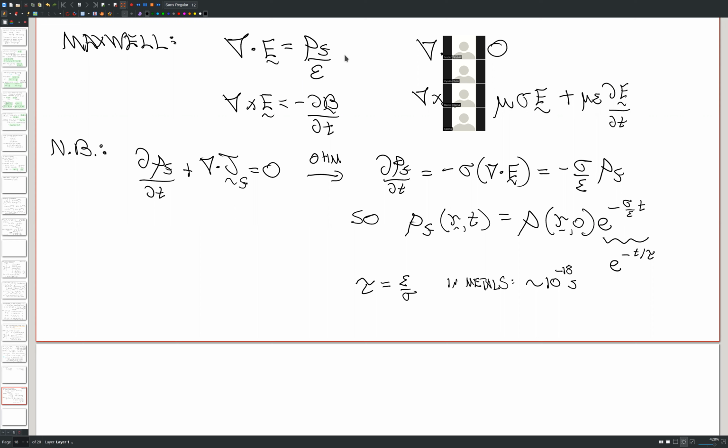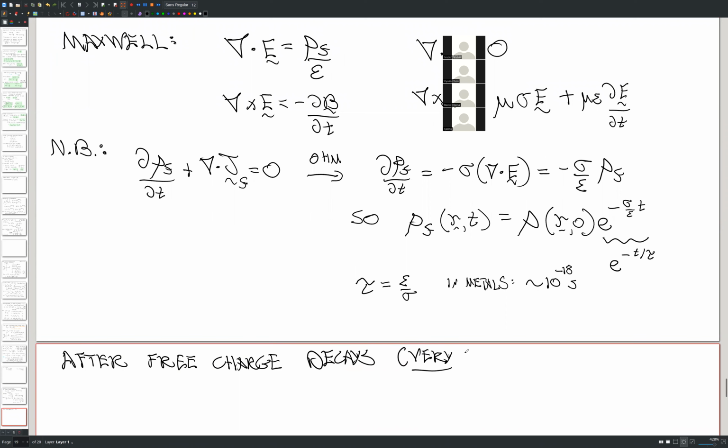So therefore, the effective Maxwell equations, after the free charge decays, which is very fast, then what we get is just a simpler set of equations.